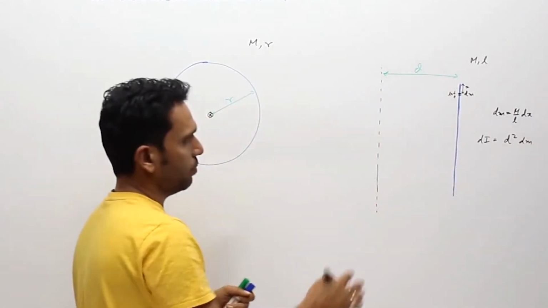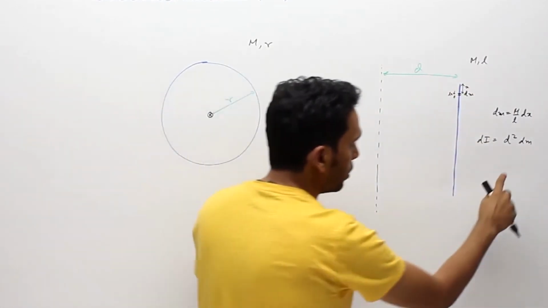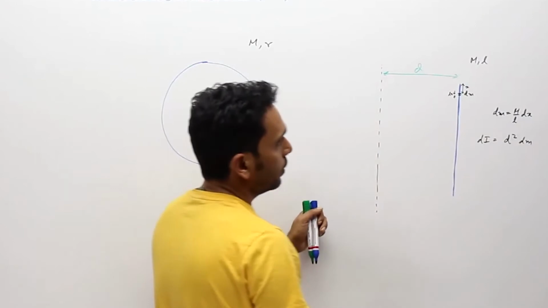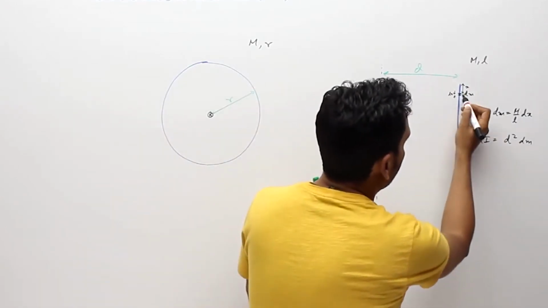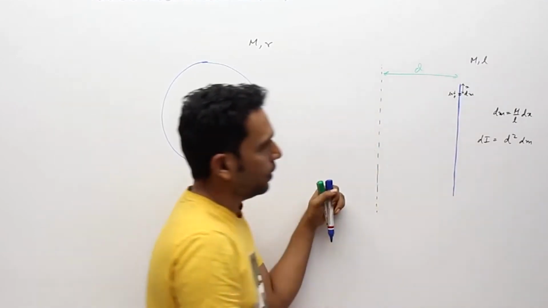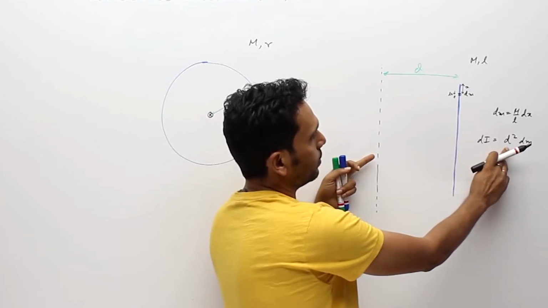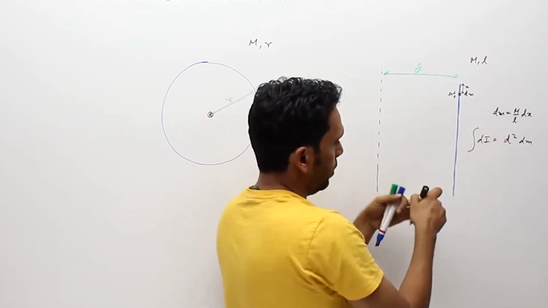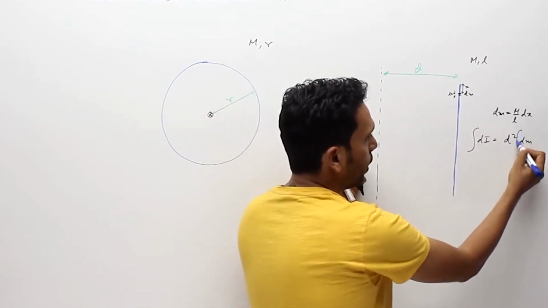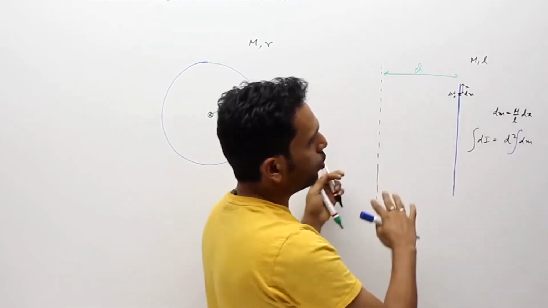D square dm, this d is the distance, mind you, and that dm is the calculus small mass dm. So if I want to integrate this, I see that d is a distance which is a constant, so the integration stays and d square, being a constant, goes outside.